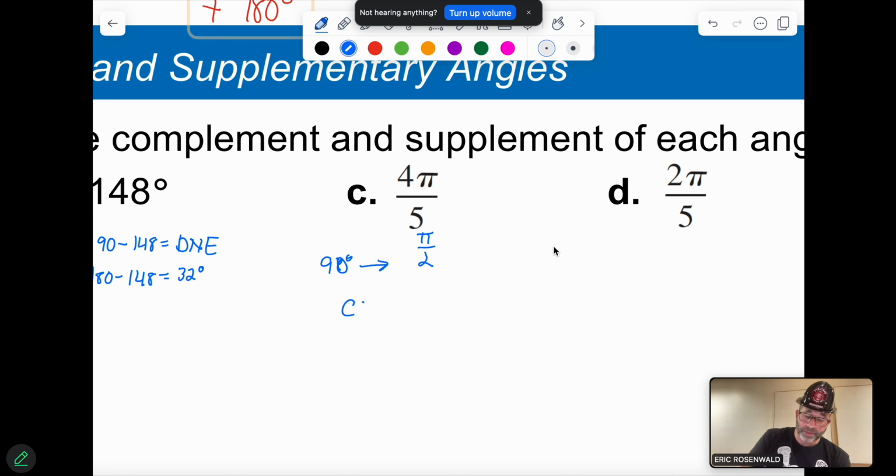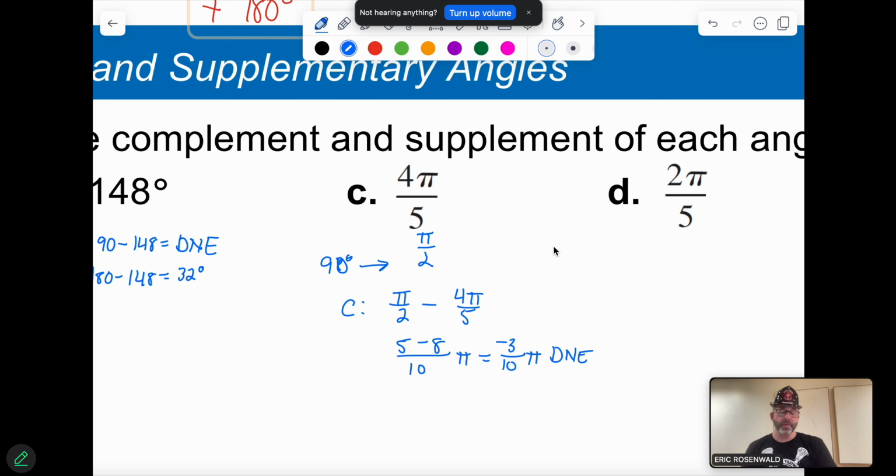So for it to be a complementary angle, I would have to take pi over 2 minus 4 pi over 5, if that's even possible. Okay, so this is where you start to get good at doing fractions, you know, crisscross applesauce or whatever it is, try to do the subtraction. If I do the subtraction here, this will be 5 minus 8 over 10 pi, which is going to equal negative 3 over 10 pi, which does not exist. There's no complement to this.